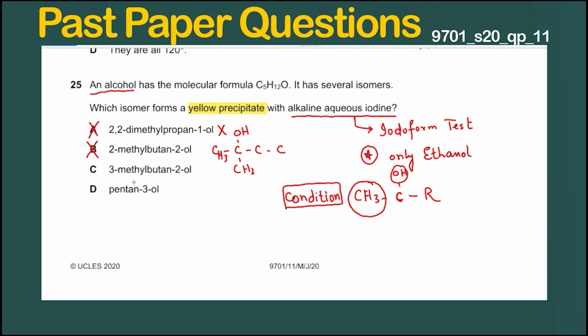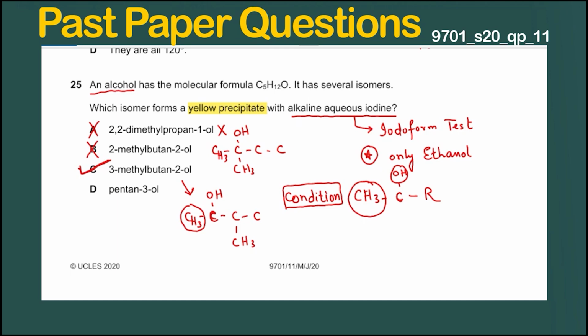In option C, we have 3-methyl butane 2-ol. 1, 2, 3, 4 carbons. 2-ol means OH is attached with the second carbon. 3-methyl means the methyl group is attached at the third carbon. So here you can observe the same type of pattern. OH is attached with the carbon that has CH3 at one side. So beta ji, this is the secondary alcohol type that has CH3 at one side.